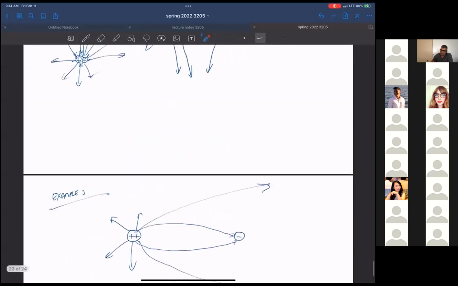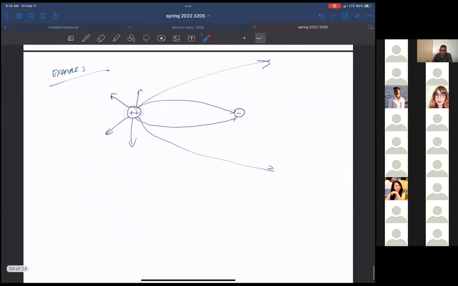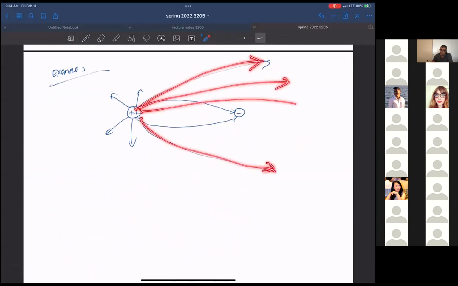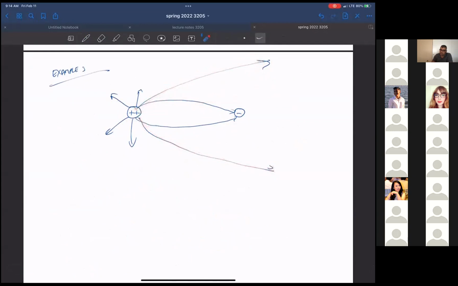But because you have twice as many charges here as you do here, this one tends to win the vector summation battle as you move away. Close in, this one would look like it wins, but as you move far enough away, this one would in fact win the vector summation.